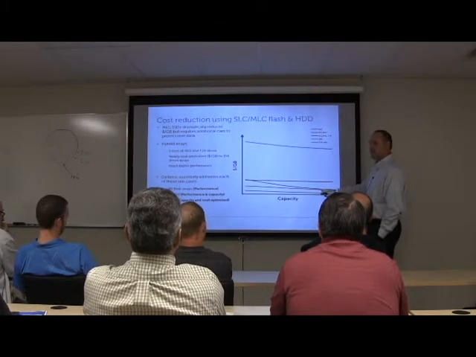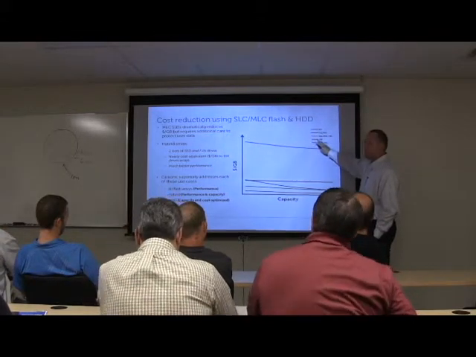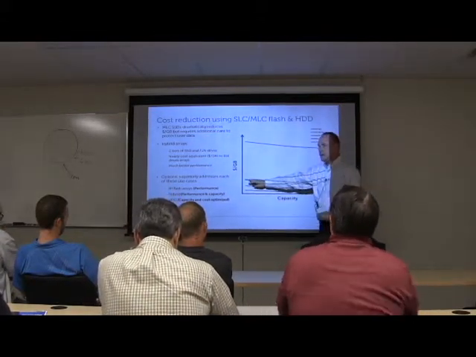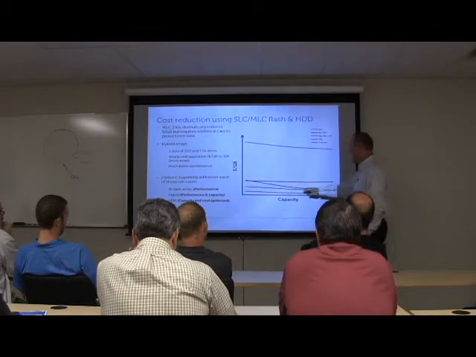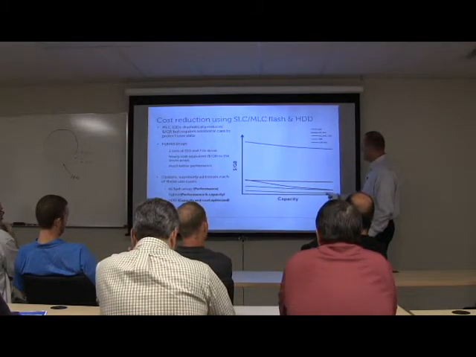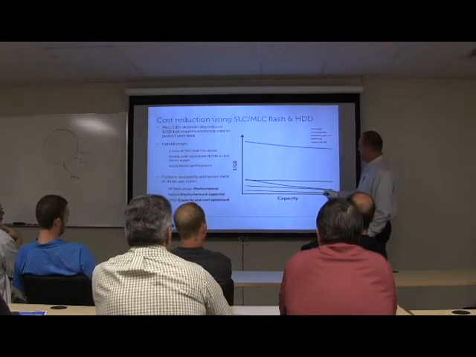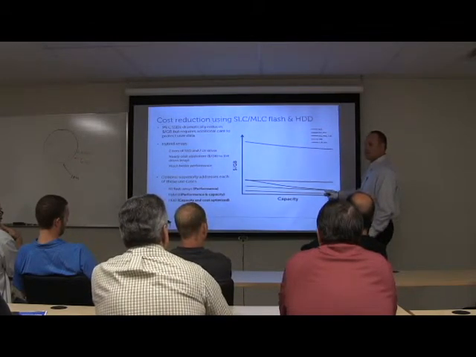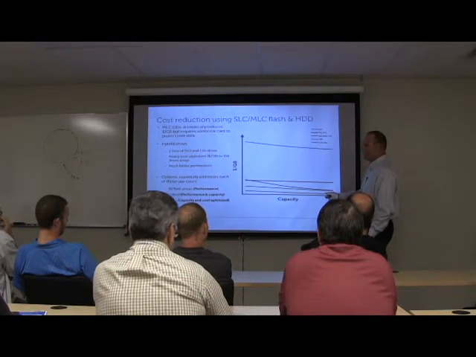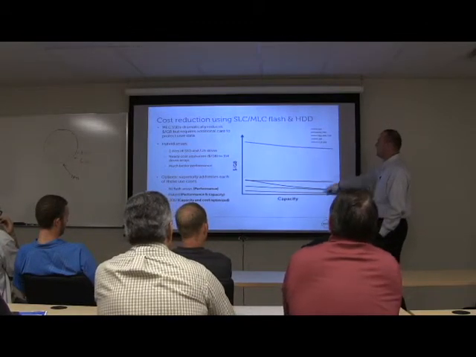At a certain capacity, in other words, you just have 15K drives, the cost per gigabyte is this much on 15K drives. What we're saying with SLC, MLC, and 7.2K, if you get to a certain capacity, there's no difference. And the 7.2K only.